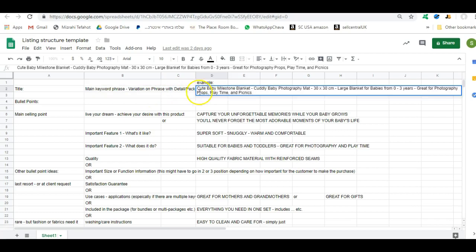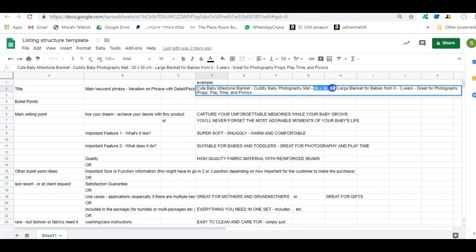Here I wrote an example. Cute baby milestone blanket. Cuddly baby photography mat. This photography mat is a variation of milestone blanket, because you use the milestone blanket for a photography mat, right?